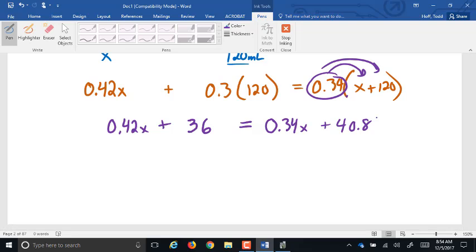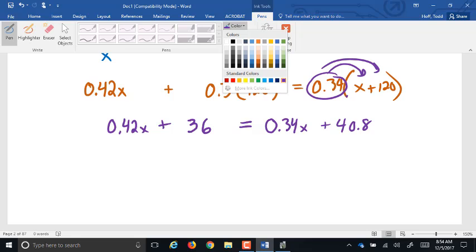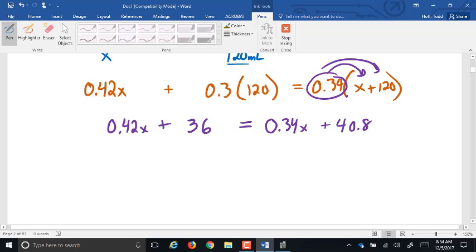Now what? Just figure it out. So where do we start? Okay. Yeah, we see that there is still an x on each side, so we get rid of one of them. We're going to subtract the smaller one, which is the 0.34x.